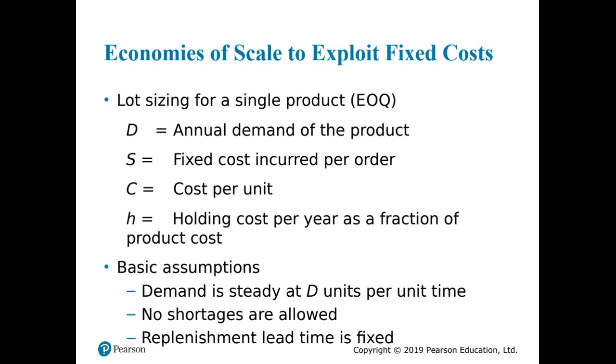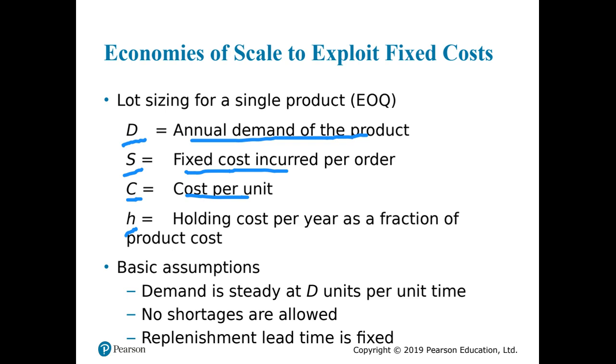Okay, so let's dig into economic order quantity. D is the annual demand of the product, S denotes the fixed cost incurred per order, C is the cost per unit, and H is the holding cost per year as a fraction of production cost.